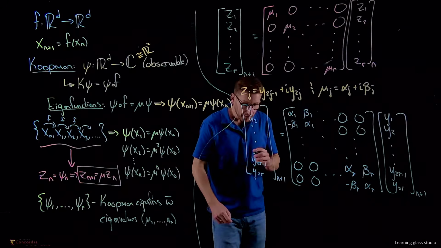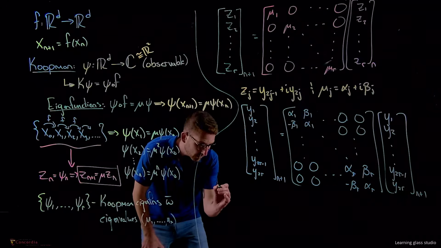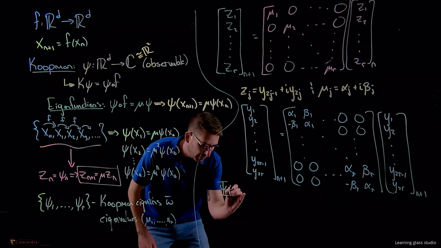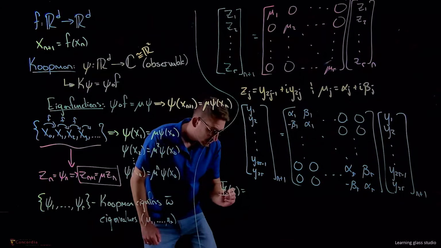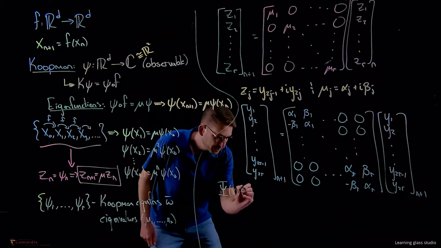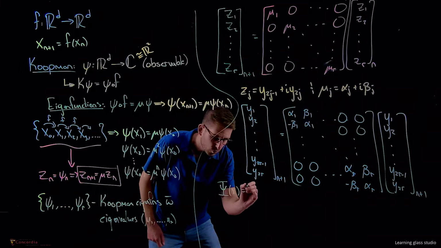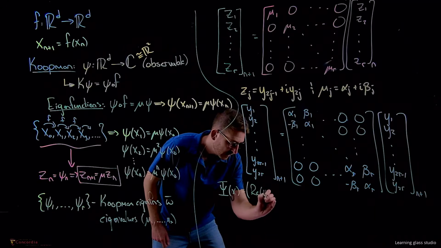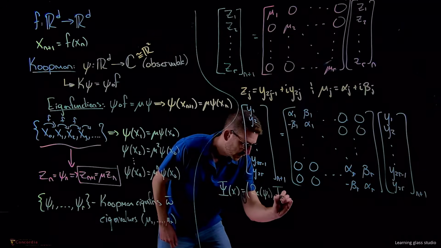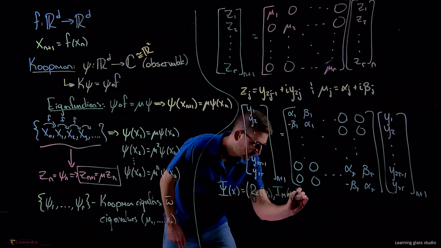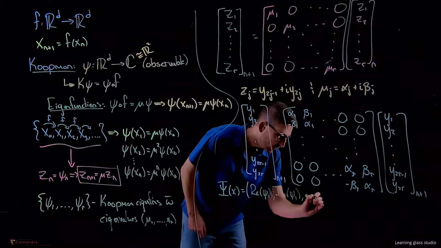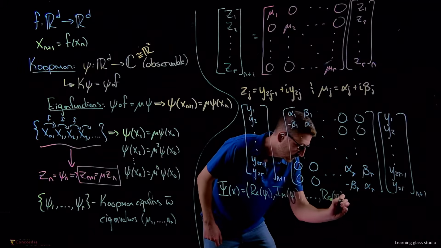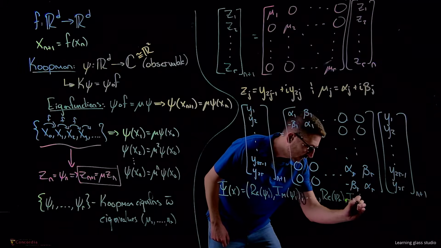So I'm going to call this capital psi of x, which is going to be a huge coordinate vector: the real part of psi 1, the imaginary part of psi 1, and so on and so forth, the real part of psi r, the imaginary part of psi r.